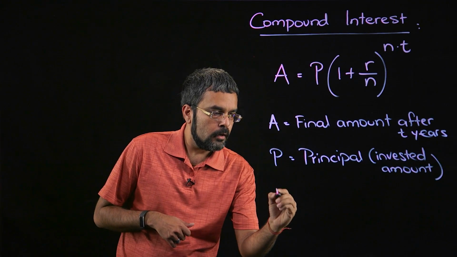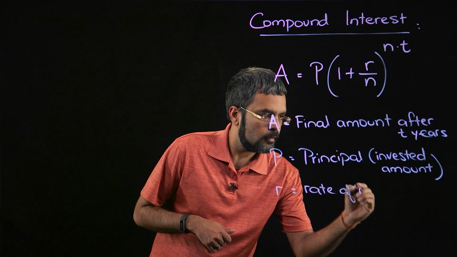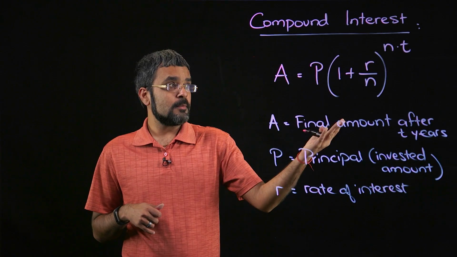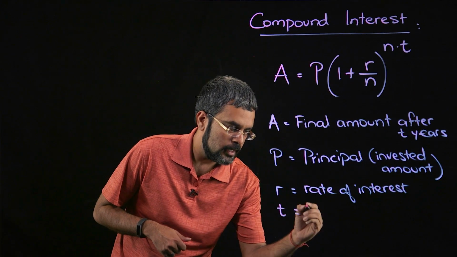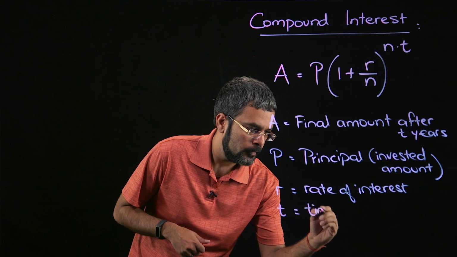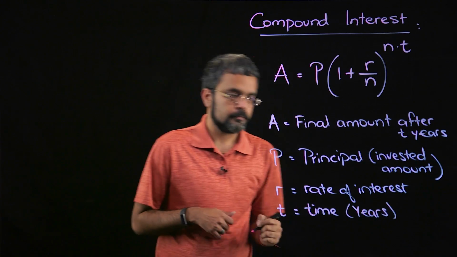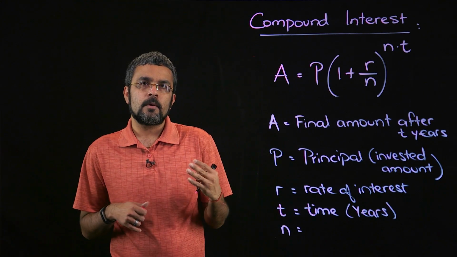R is always your rate of interest. Remember, R is always reported as a percent but used as a decimal, okay? T is your number of years or time, and T will always be in years, okay? And then N. N is how many times compounding occurs, right?